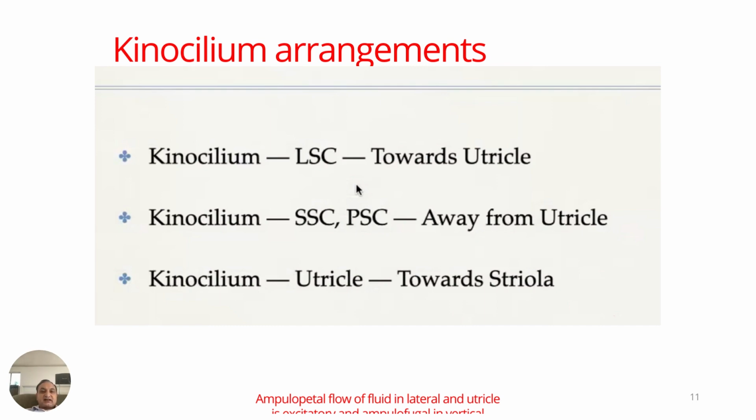The kinocilium in the lateral semicircular canal is directed towards the utricle, and the kinocilium is oriented away from the utricle in the superior and the posterior canals, the two vertical canals. In the utricle, the kinocilium is towards the striola, and in the saccule it is away from the striola.